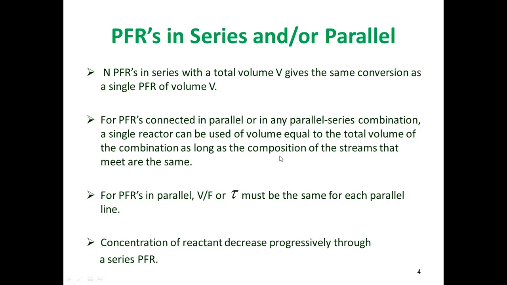So aside from the composition of the streams that meet being equal, if you have a parallel connection for PFRs, the residence time in each of the connections that are parallel to one another must be the same. So the tau, or the ratio of V to the molar feed rate. It is expected that the concentration of the reactant decreases progressively through your series of PFRs.